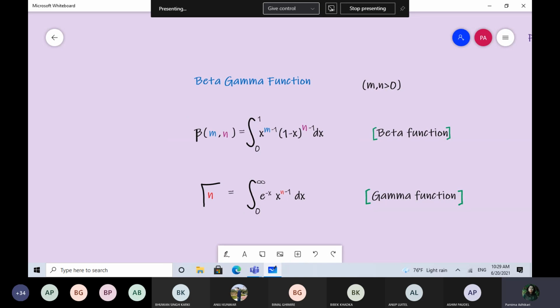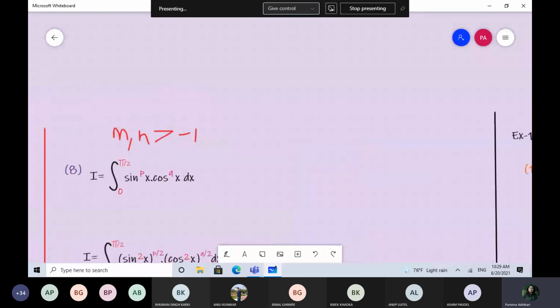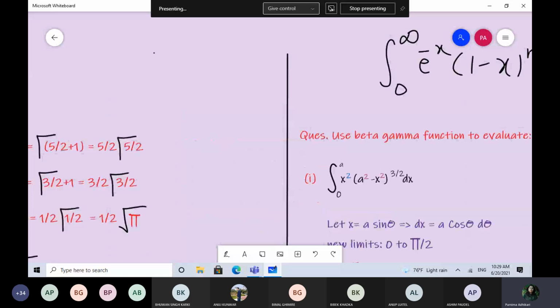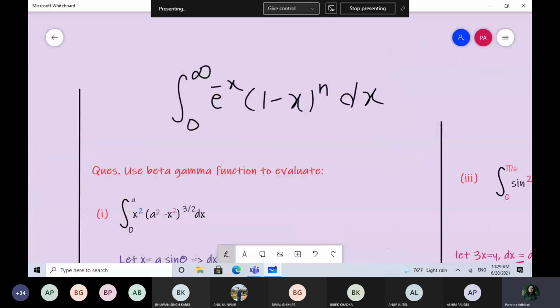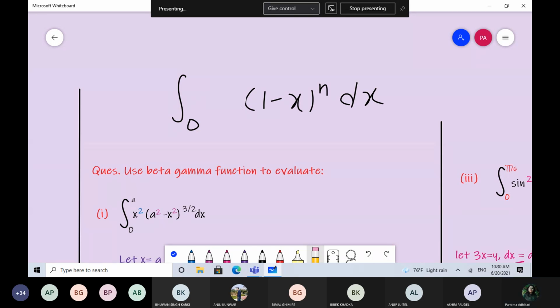I was just asking to check if you remembered. It's okay. You mixed up gamma function and beta function. So it's 0 to 1 x to the power m minus 1, (1 minus x) to the power n minus 1. So this is beta m n.